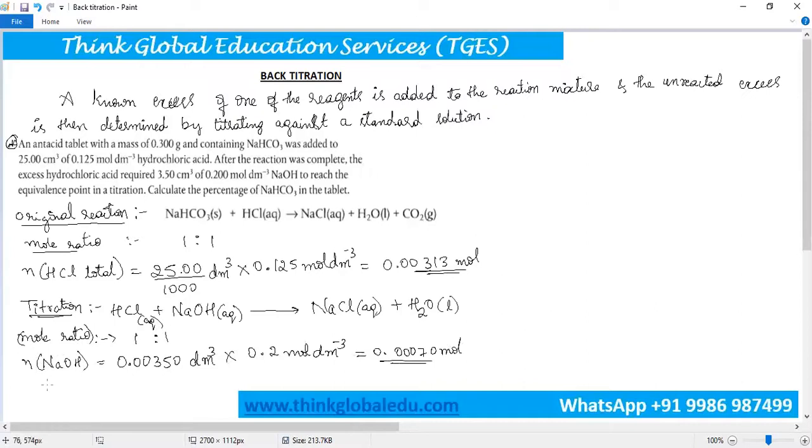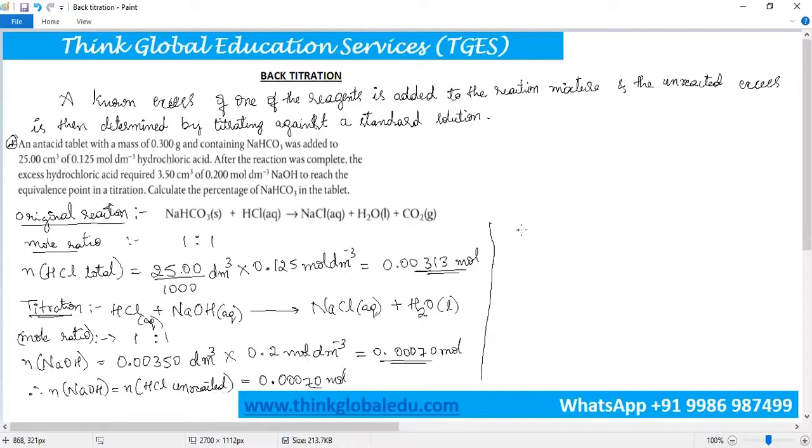Since the mole ratio of NaOH and the HCl is 1:1, we can equate the number of moles of NaOH to the number of moles of HCl unreacted, which will be equal to 0.00070 moles of HCl unreacted.